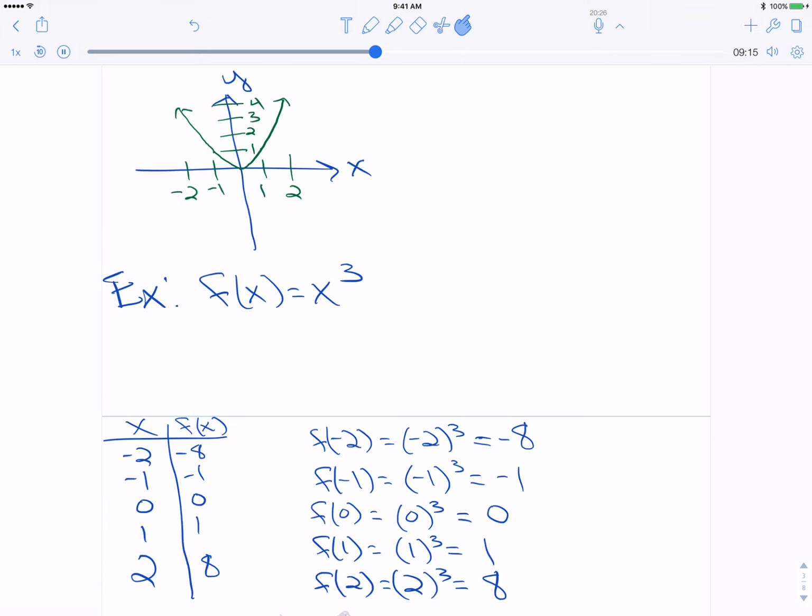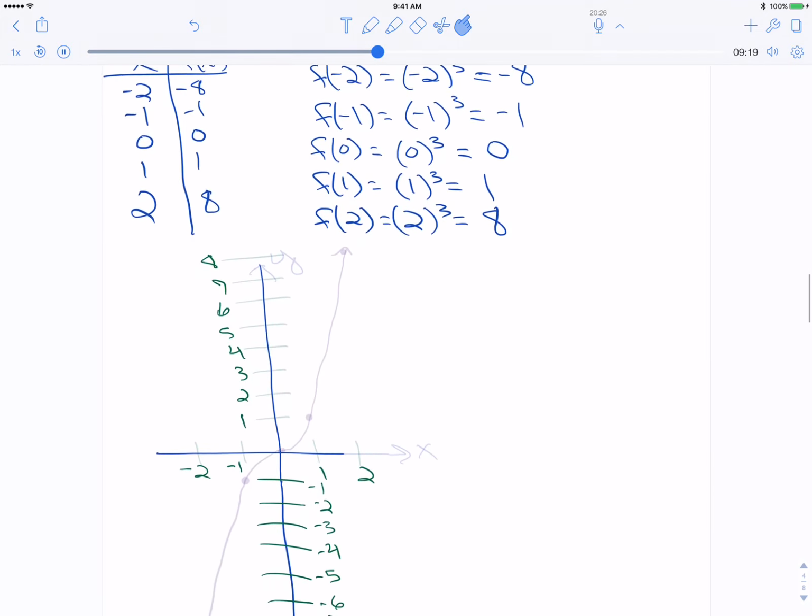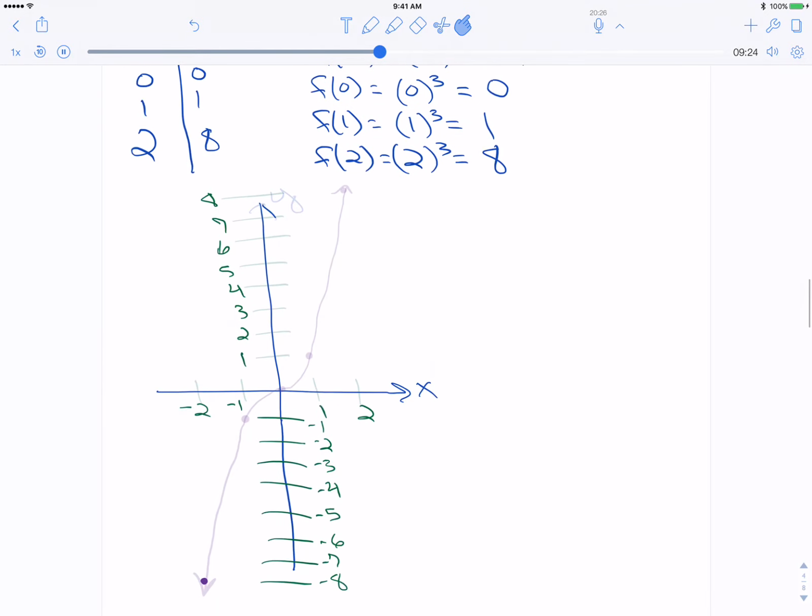So this one is going to be a little bit more interesting in the axes because we need a bit more height. So our x-axis and our y-axis, and then if I convert to green, -1, -2, +1, +2, oh no, I need to do y. 1, 2, 3, 4, 5, 6, 7, 8 is way up there. Alright.